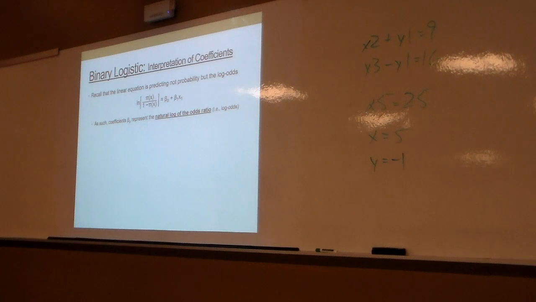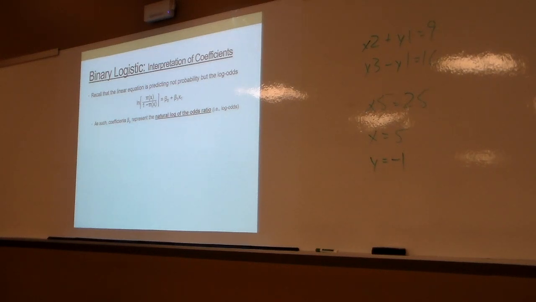All right. We want to talk about how we interpret the actual output from our models. Again, remember that the linear model we're estimating with this logistic regression isn't actual probability. What we're actually predicting is our log odds, right?